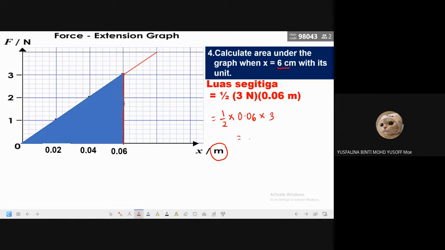So you will get the answer here, 0.09 N m, because this one is a multiplication, so N times m, N m. That's how you calculate the area under the graph. You must show the reading here: 0.06 is actually 3 Newton, for the force.